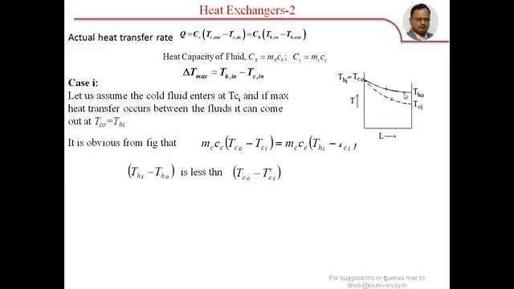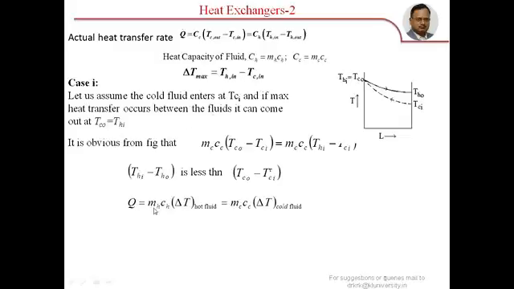So THI minus THO is less than TCO minus TCI. We know the fundamental energy balance equation: Q equals MHCH delta T of hot fluid equals MCCC delta T of cold fluid. The delta T of hot fluid is small and delta T of cold fluid is large.